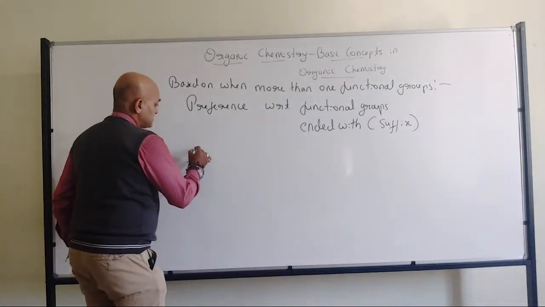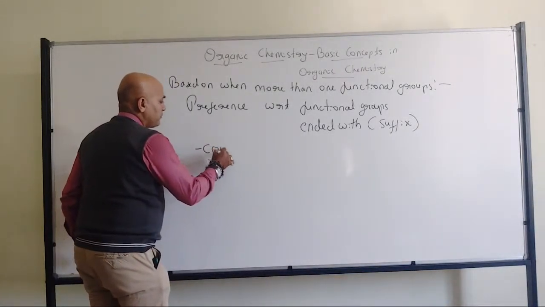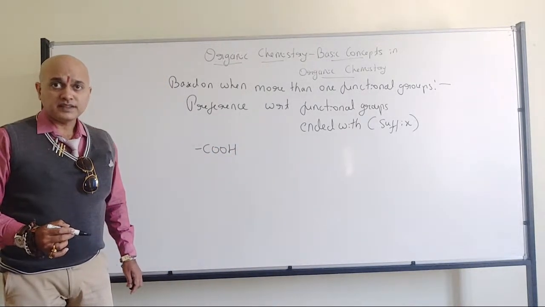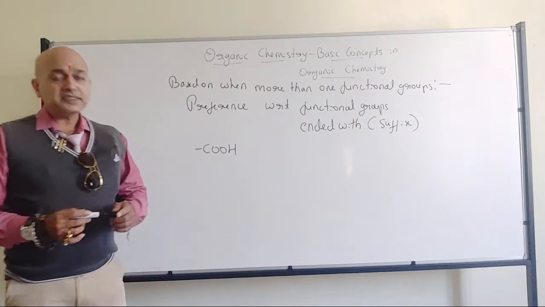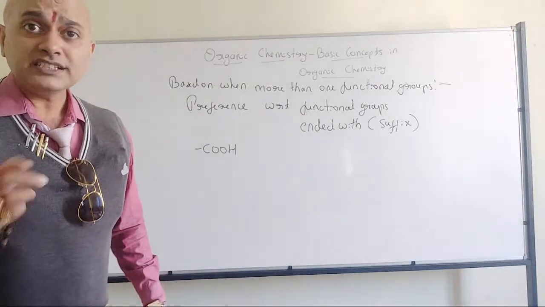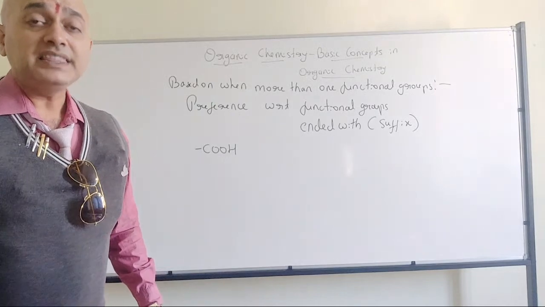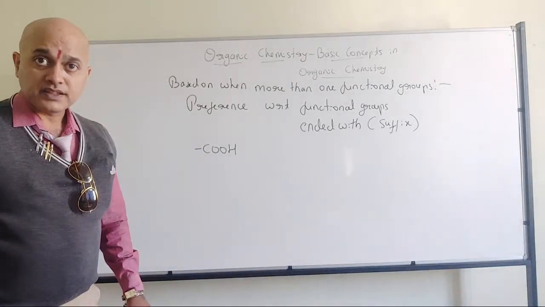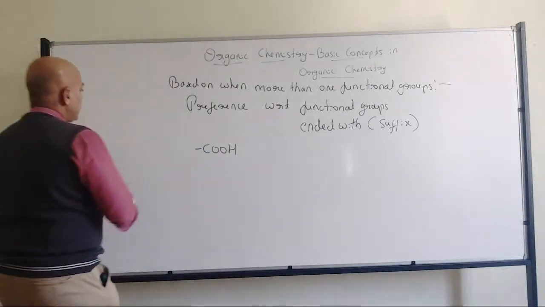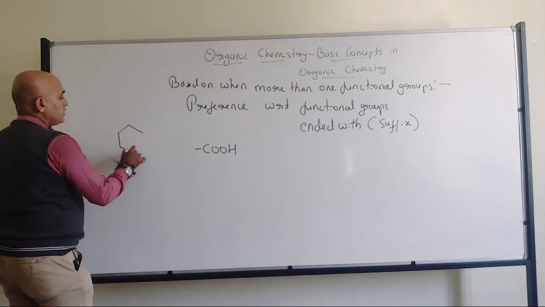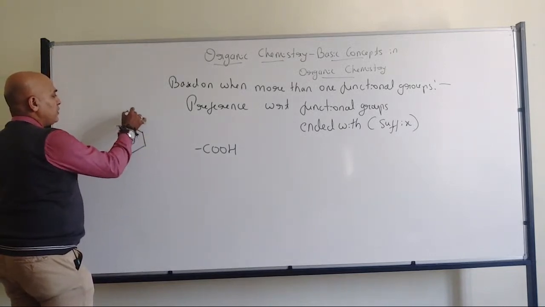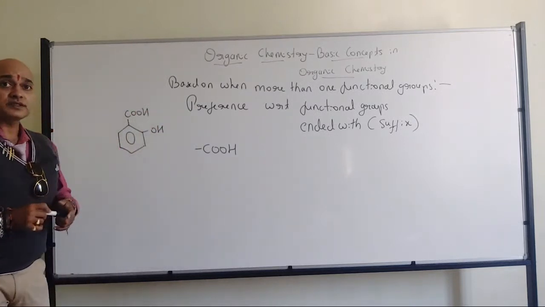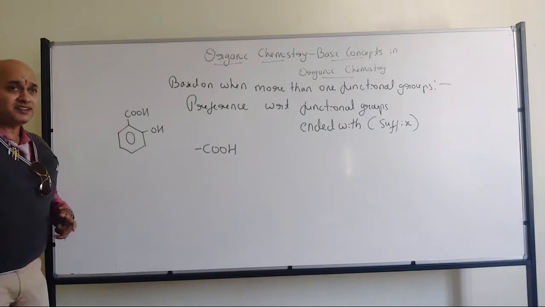Now the very important functional group in the preference is the carboxyl functional group. Any other functional group might be there, but if there is a carboxyl group, then the name of the molecule should end with the carboxylic acid functional group. Got my point? Say for example, I have a molecule with COOH and OH, which is the precursor for the synthesis of aspirin, one of the important drugs.